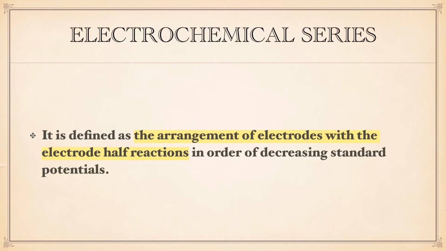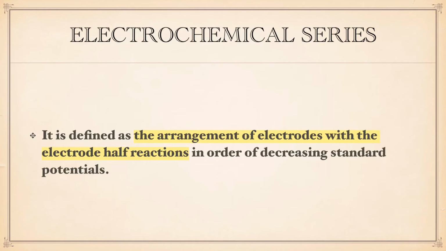It is defined as the arrangement of electrodes with the electrode half reactions in order of decreasing standard potentials. So this is a kind of table which we'll be seeing. It is arranged according to the electrodes. And what is an electrode? Simple, zinc electrode, it is Zn2+/Zn.